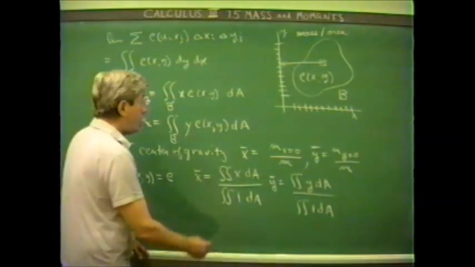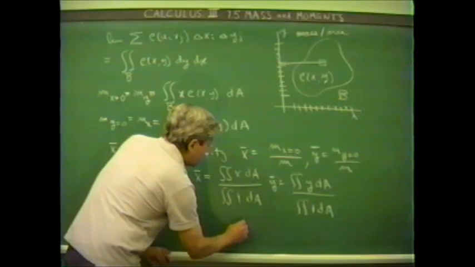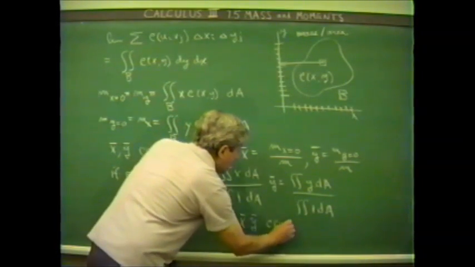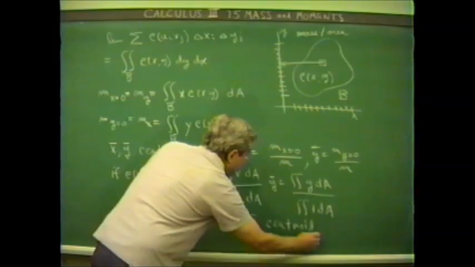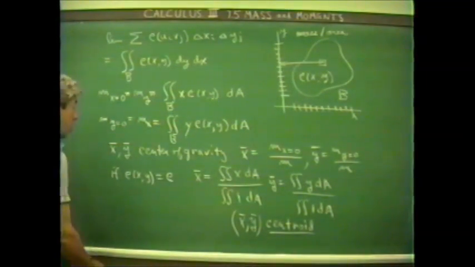There's no rho involved, and in this case x bar, y bar is called the centroid. It's a geometrical property of the shape.